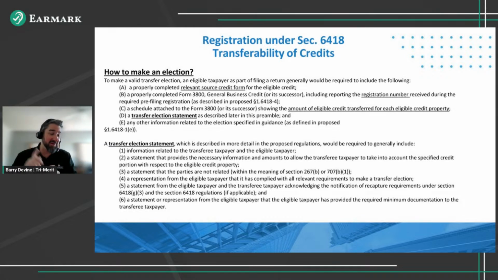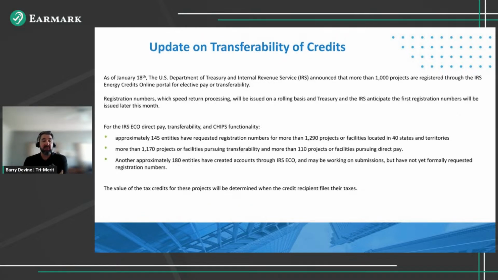So they're saying, we're going to tick and tie every one of these registration numbers, so we know this is a legitimate credit, legitimate property, legitimate seller, and a legitimate buyer. So they're going to be tracking behind the scenes. And then there is a transfer election statement that has to be made in order to make that sale. So the next slide, Randy, I think that might be it for me.